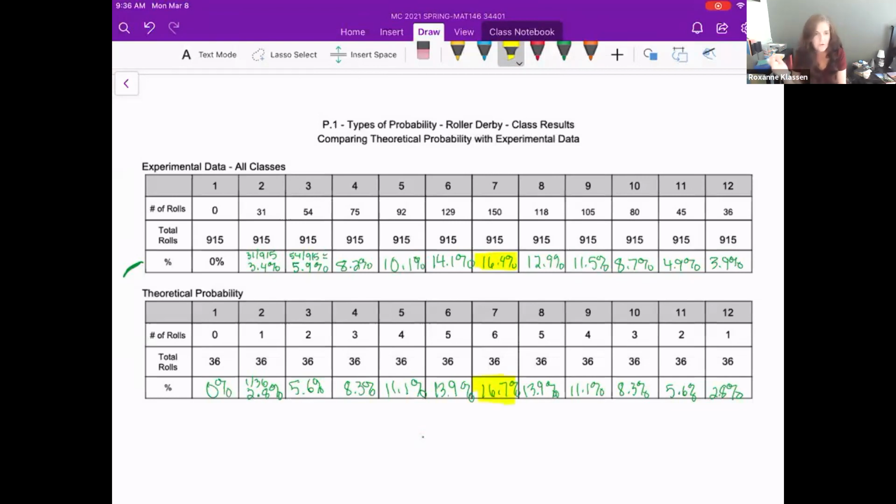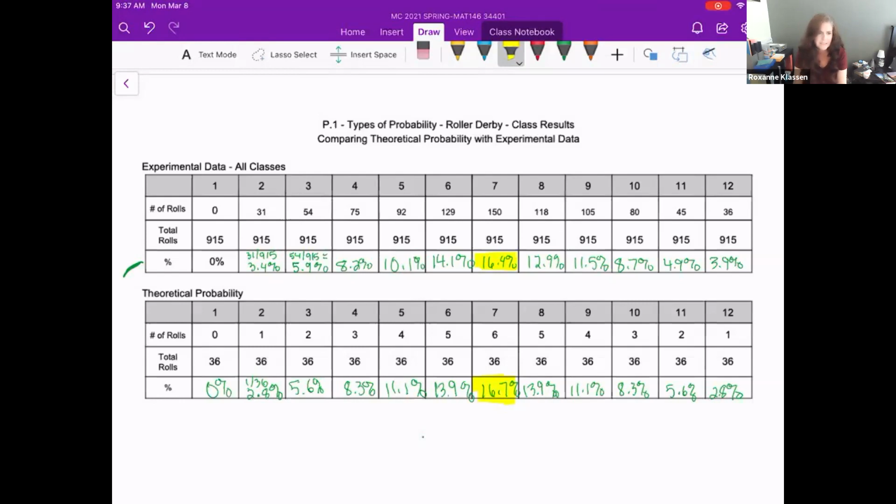The theoretical probability, just counting the possible outcomes, is 16.7. That's not very far off, considering we didn't have very much data, right? Some of ours are a little bit higher, some a little bit lower, but overall they're pretty close, right? And some of you might be saying shockingly close, right?